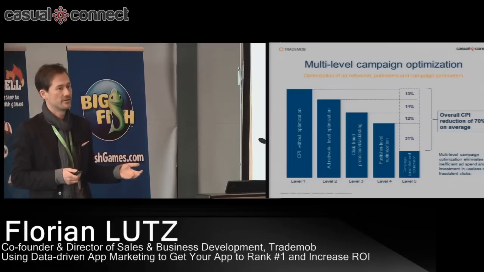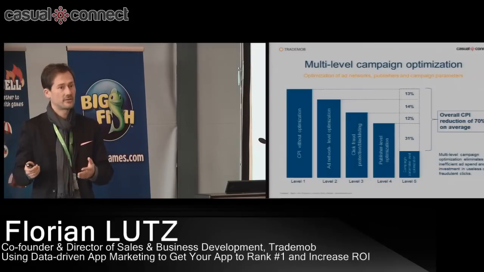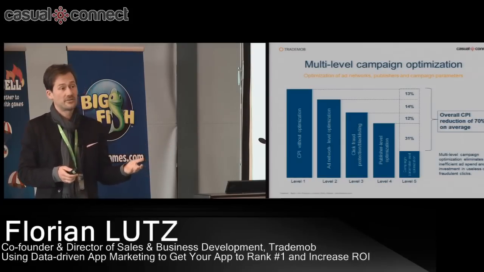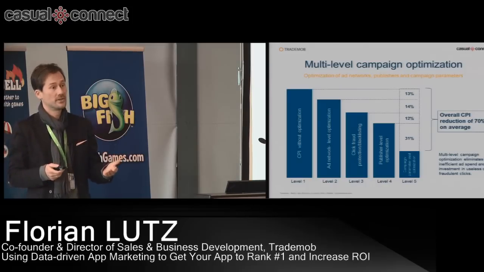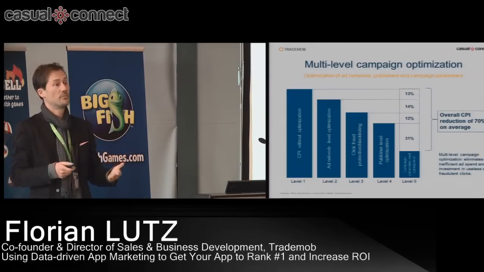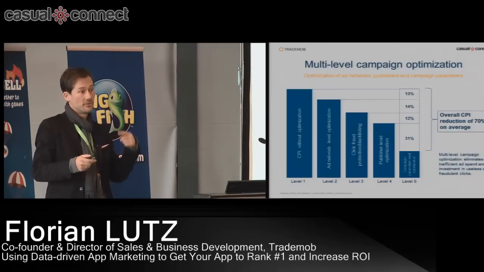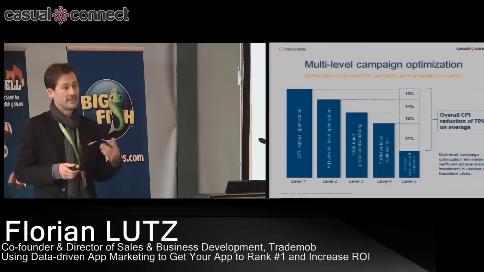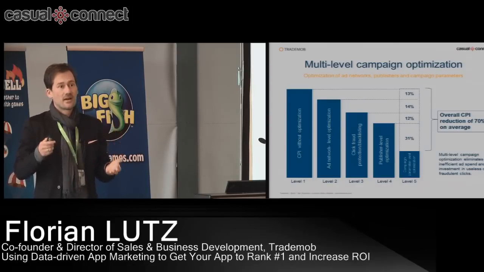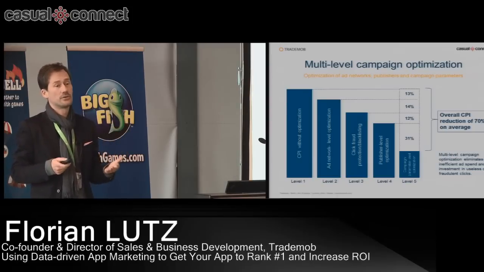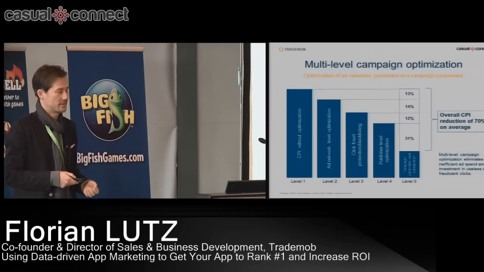For instance, here in Germany, you can see that buying traffic from E-Plus or O2 is much cheaper than buying traffic from T-Online and Vodafone. And apparently these users don't perform much worse when it comes to games. So it's sometimes very valuable to think about carriers as well. At the end of the day, you're making millions, actually billions, of different targeting decisions within just minutes. And that's something you can't do yourself. That needs to be driven by technology.